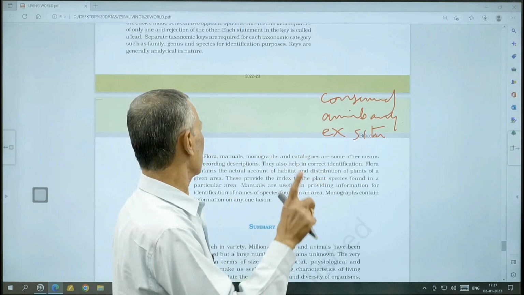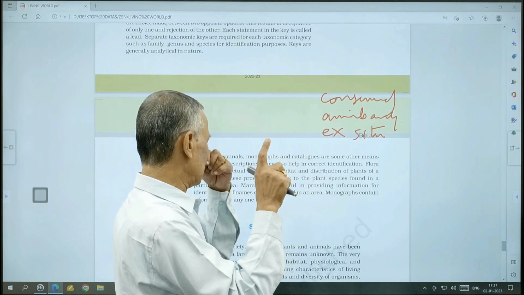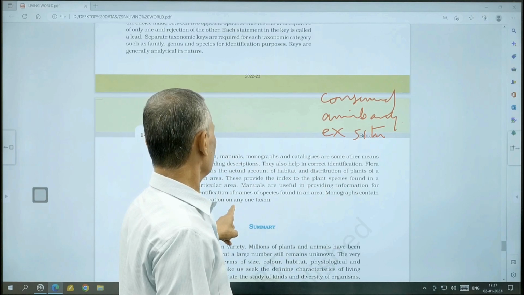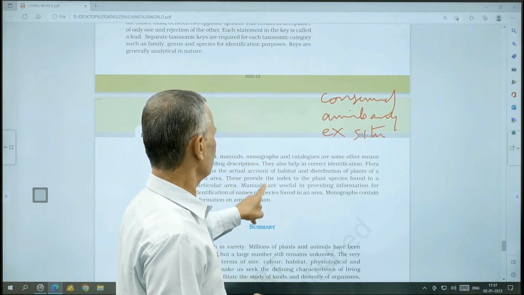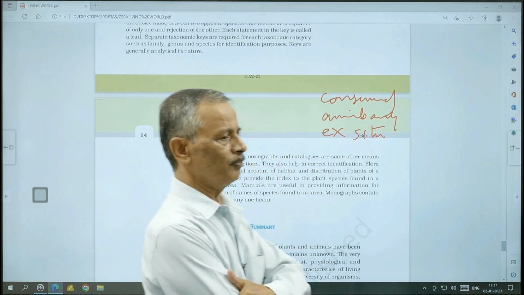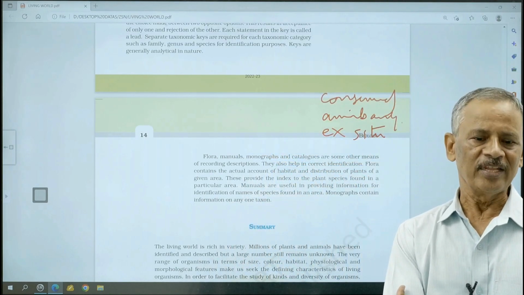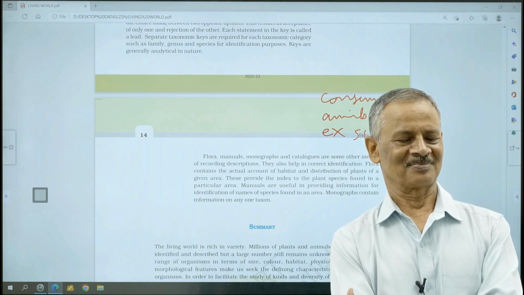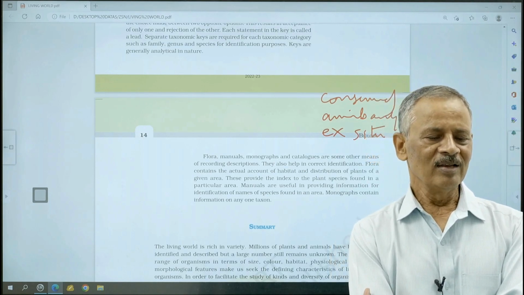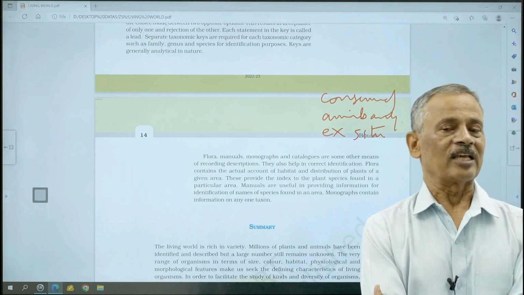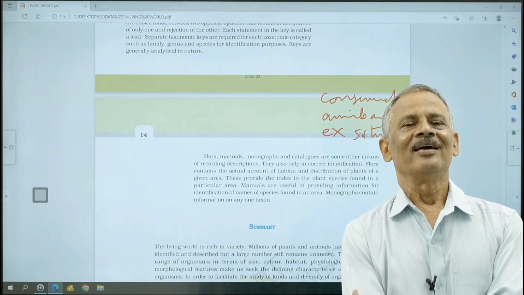Along with it, they give information only on one taxon. That is what is called monographs. And catalogs are some other books which help us in studying taxonomy. So these are all the taxonomic aids that help us in learning taxonomy.